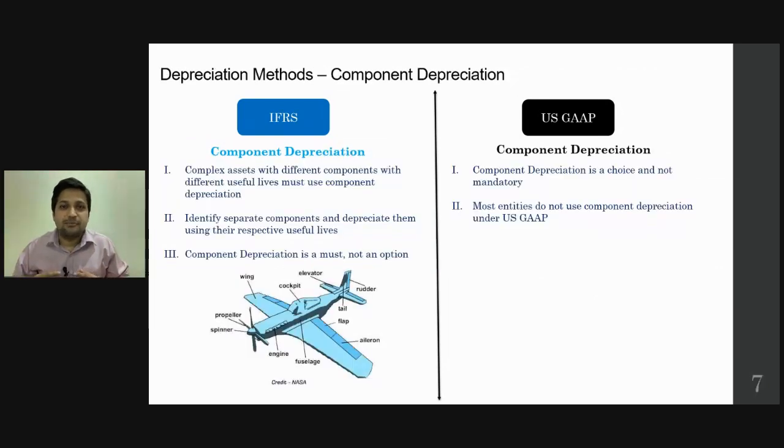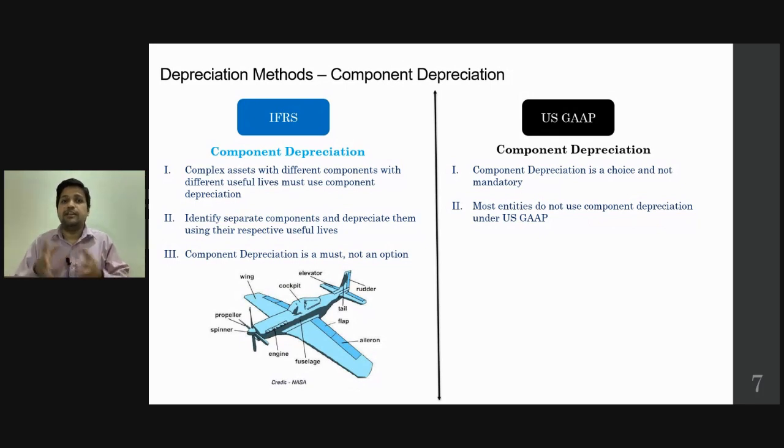Something on depreciation methods, where we're going to talk about component depreciation. Complex assets with different components having different useful lives must make use of component depreciation in IFRS. This would mean different components of a complex asset must be depreciated separately based on their respective useful life.